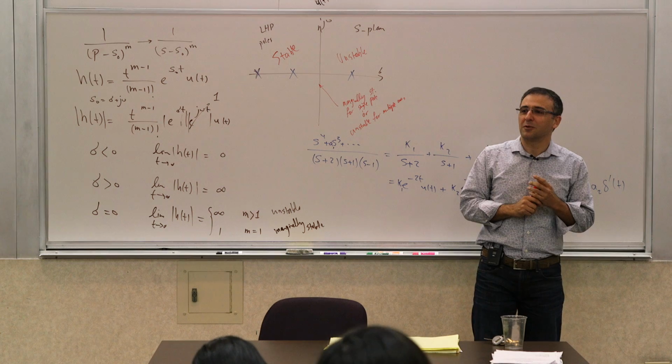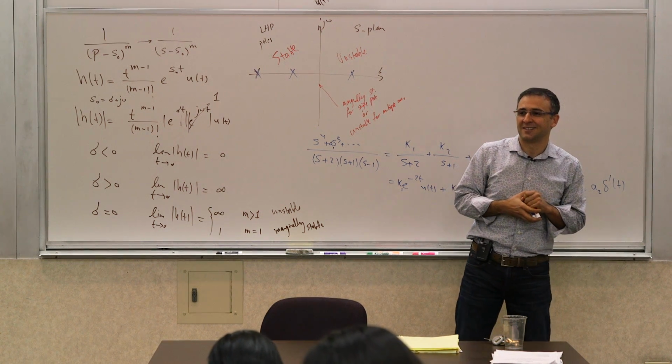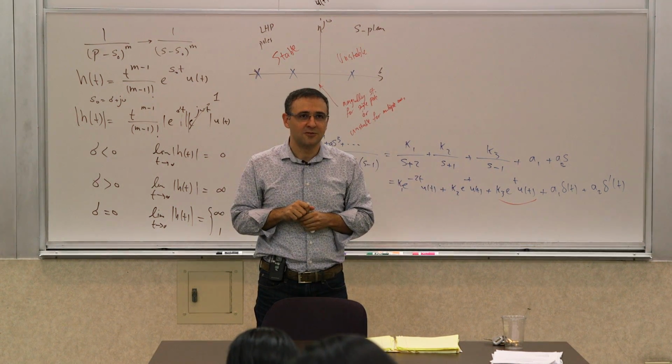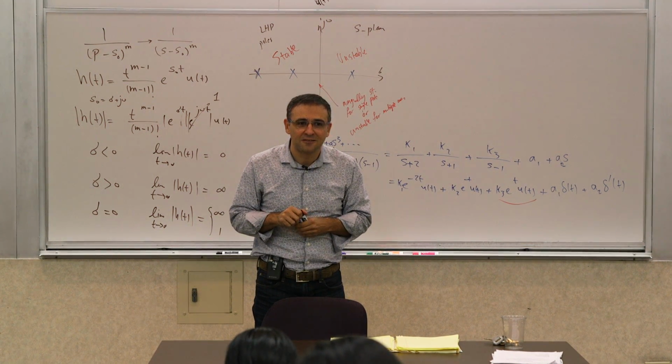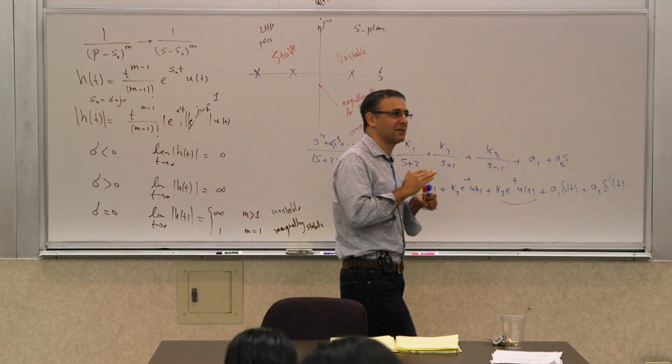Can you give me an example when you want to make a system unstable? A useful system. Yes? Say again? Nuclear fission. I was thinking more socially positive, but okay.